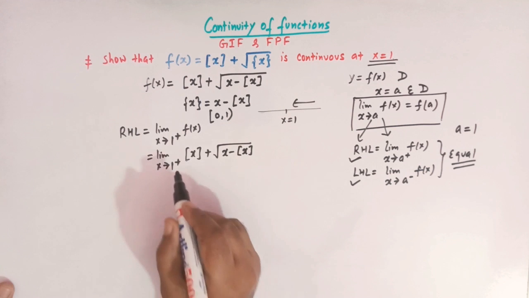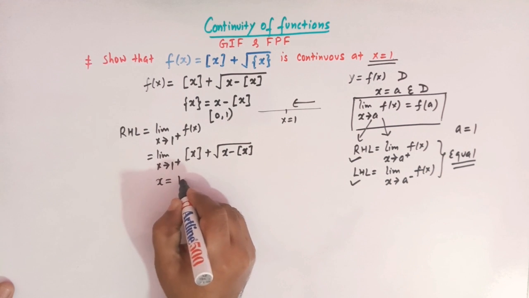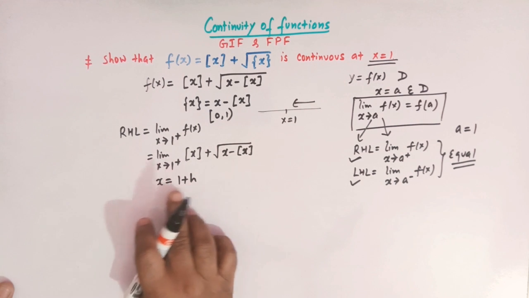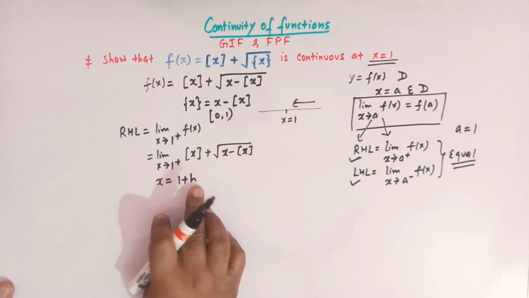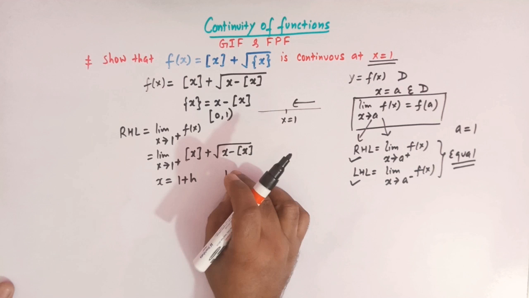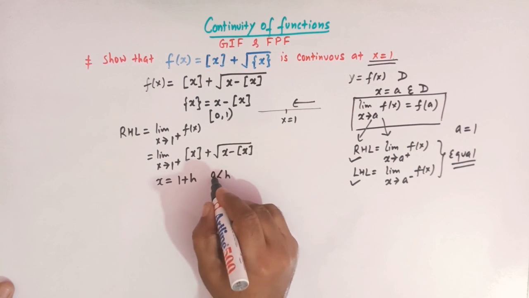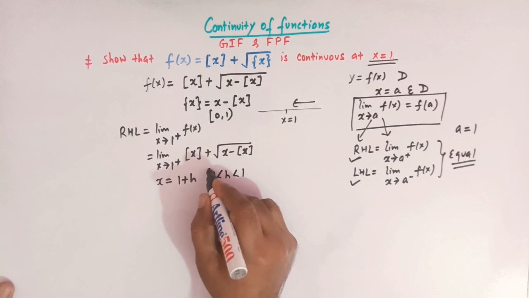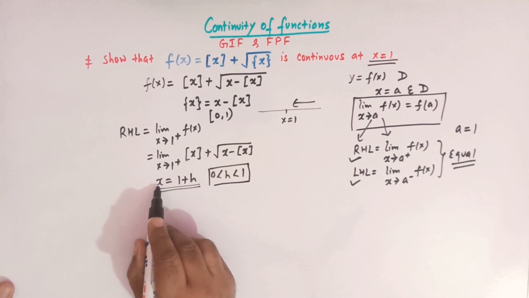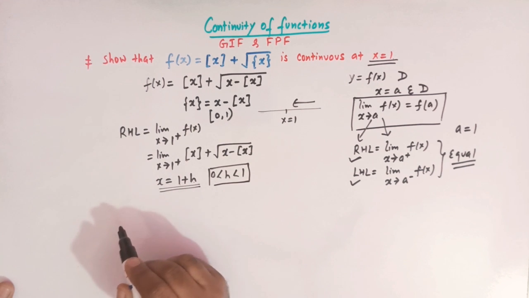Now we'll take x is equal to 1 plus h, where h is a small positive quantity, so h is greater than 0 but less than 1. Why are we taking 1 plus h?